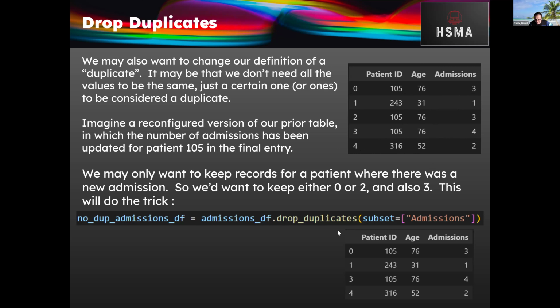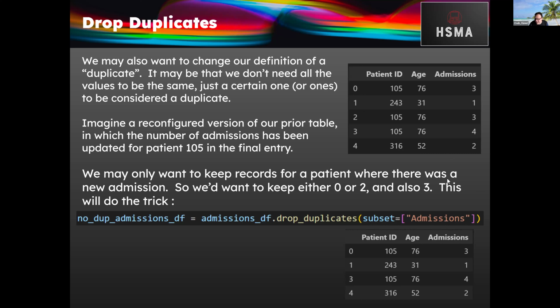Again, we call the drop duplicates method, but this time we pass in an argument where we say subset equals, and then pass in a list of the columns that need to change in order for a row not to be considered a duplicate.